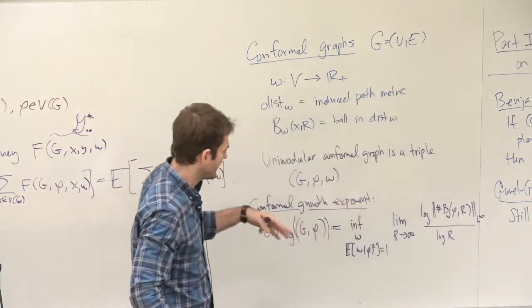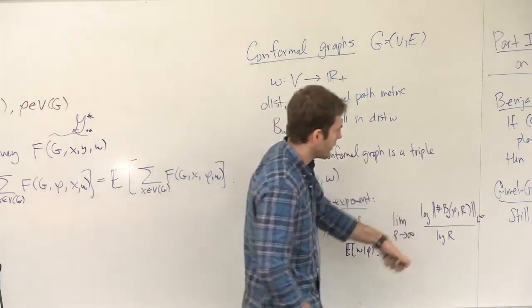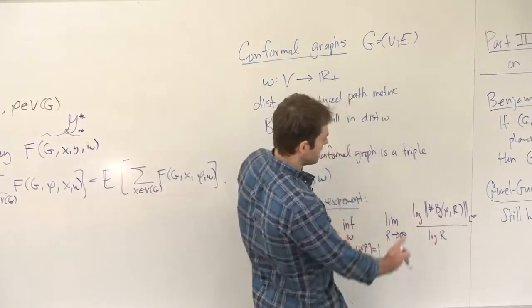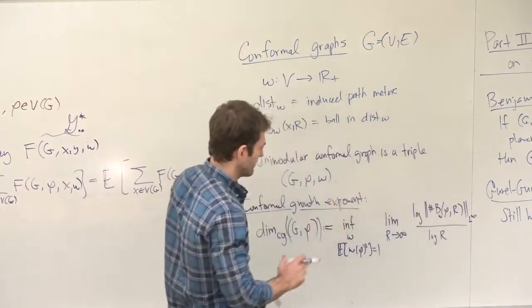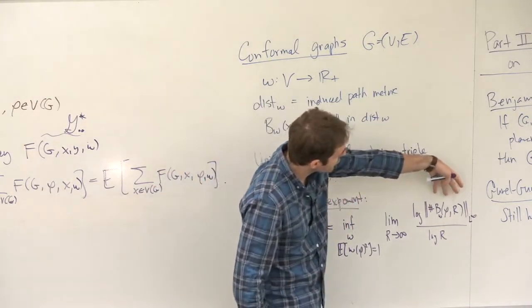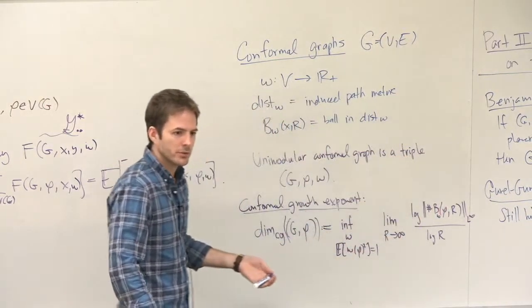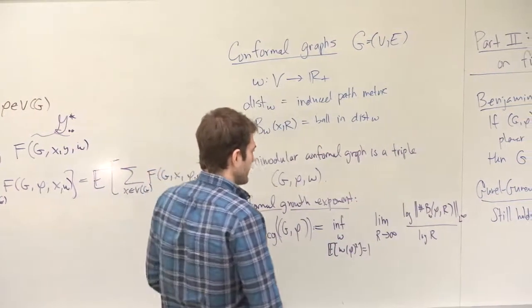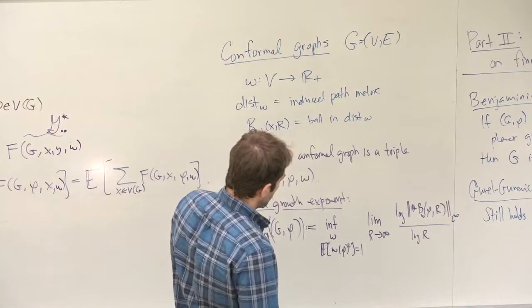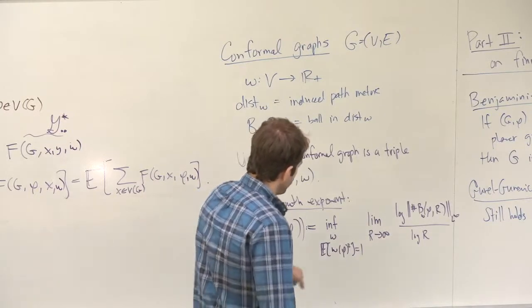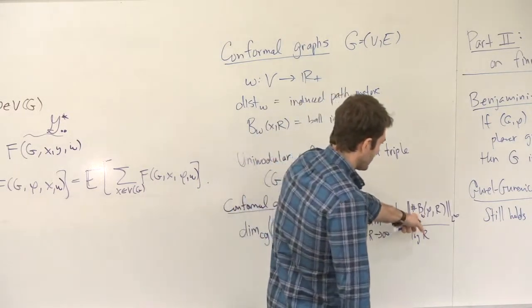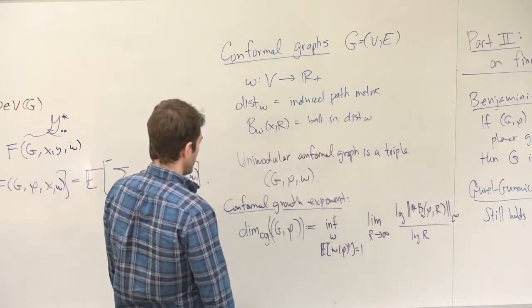That's not quite true because you're taking a limit and a log. It would have at most r to the d plus little o of 1 points in it. But I'm just saying this controls the size of a ball around the root almost surely. That's important. This part is holding an expectation, but this is really controlling the size of balls everywhere.